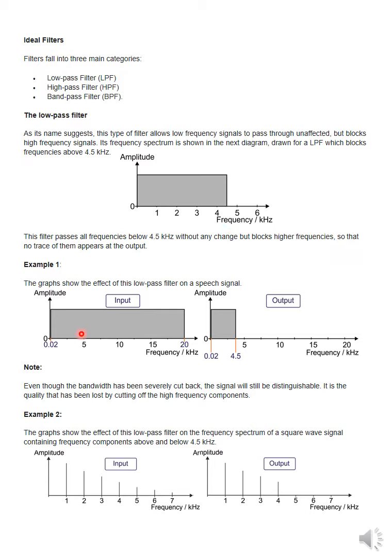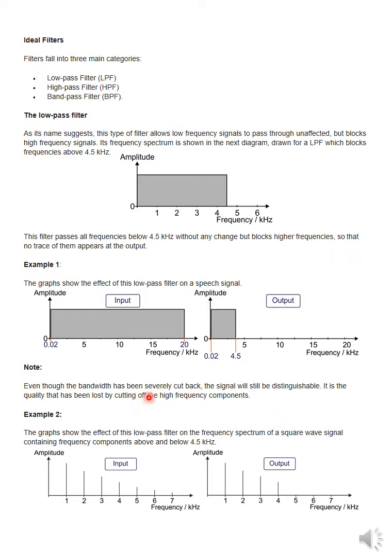If you apply this input to the filter, providing us this output, it will pass only the signals which are up to 4.5 kilohertz, and the remaining signals will be blocked.